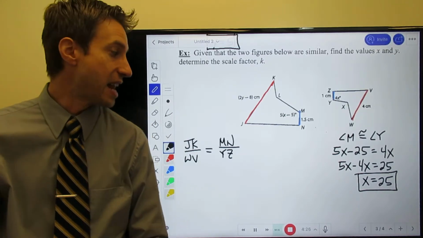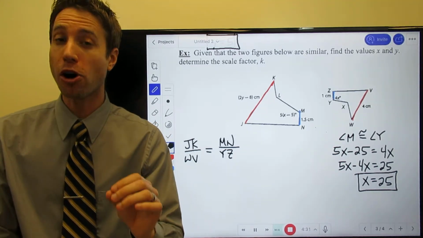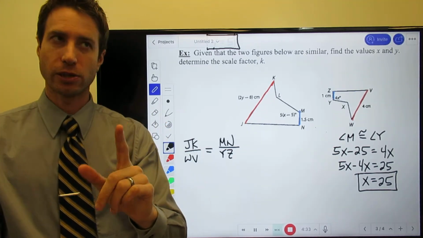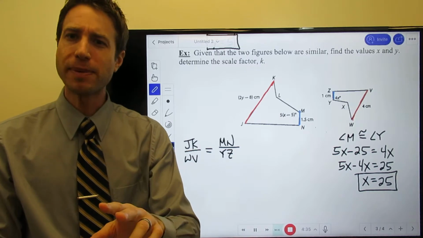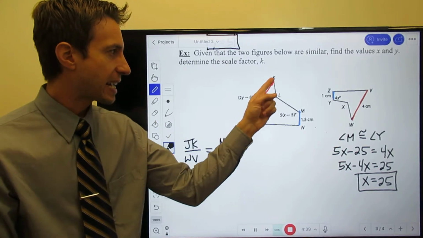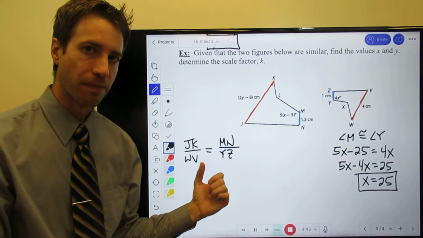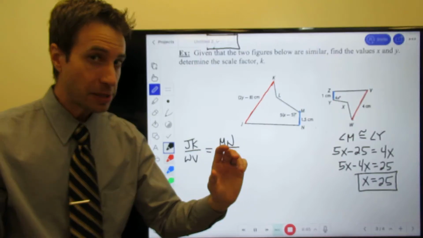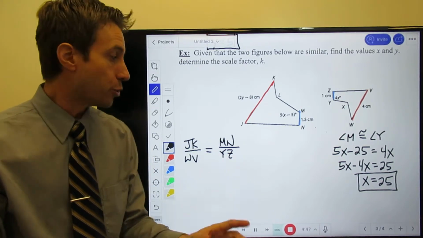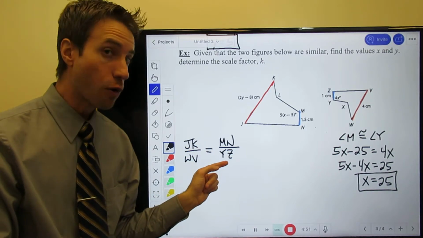There we go. So now that I've set up my proportion based on corresponding sides, actually this is really important. Please make sure that you set up your ratios the same way. JK went on top, WV went on the bottom. In the next ratio, please be very careful that you don't switch them. You cannot then go YZ over MN.